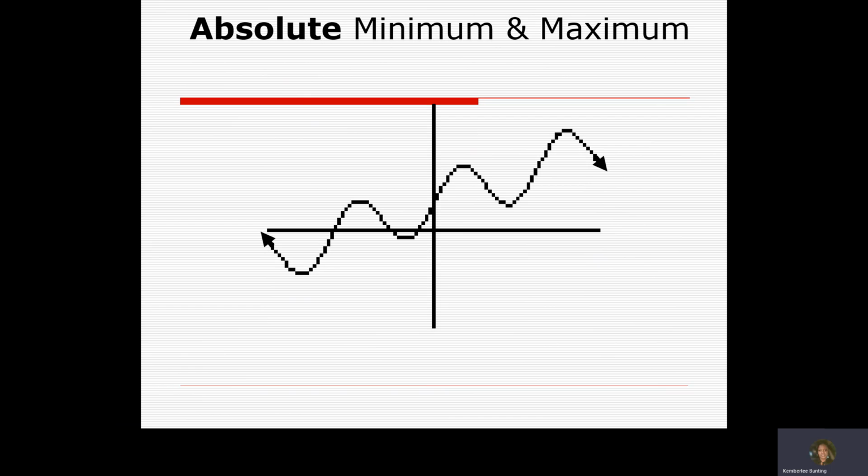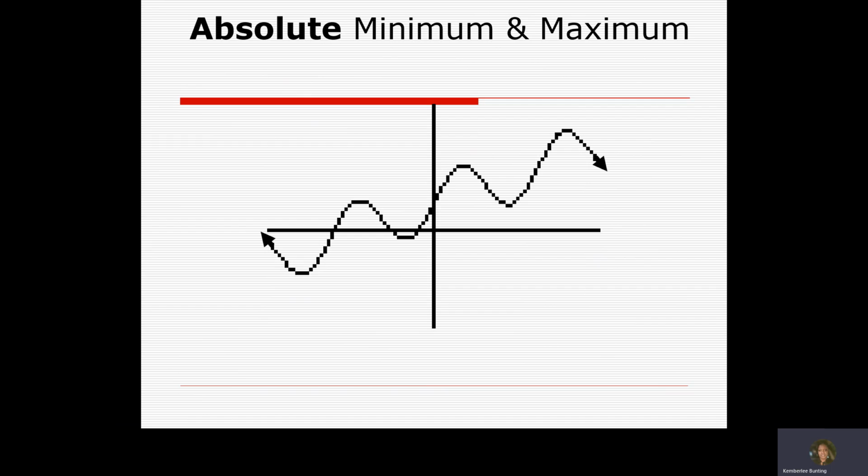Absolute minimum value. That means the rock, absolute, okay? Can you have more than one absolute anything? No. So if there is an absolute minimum value on a graph, it's going to be the only one lowest point, and there's not going to be anything beneath it, okay?